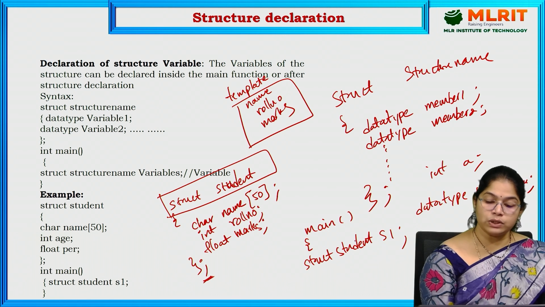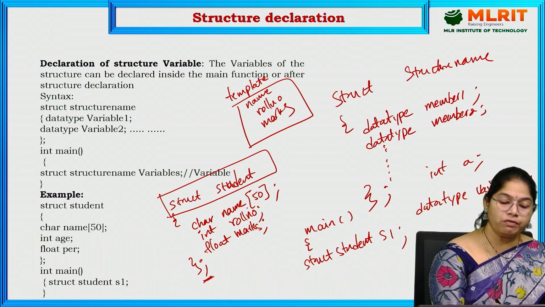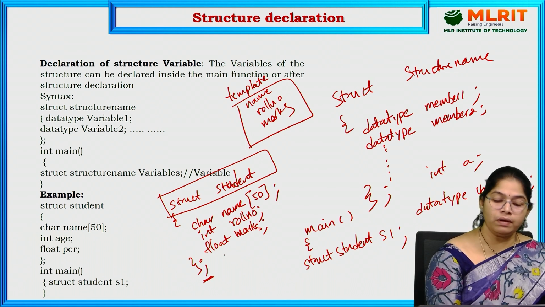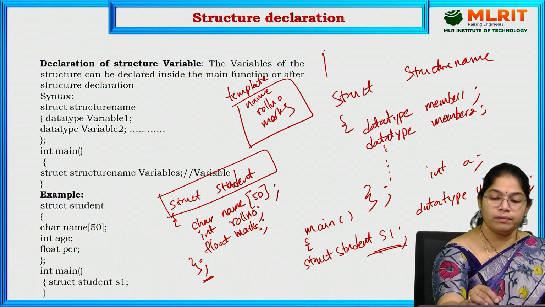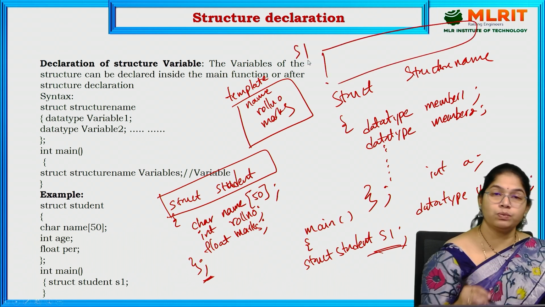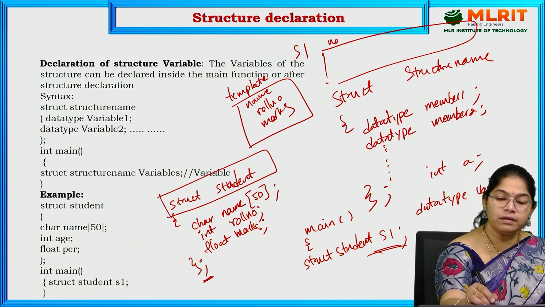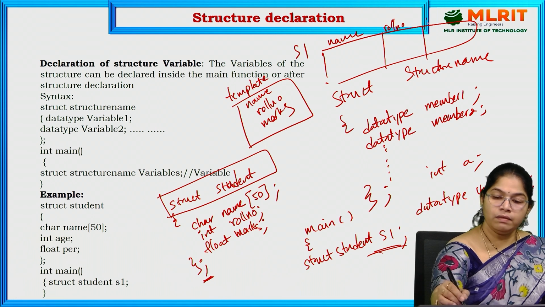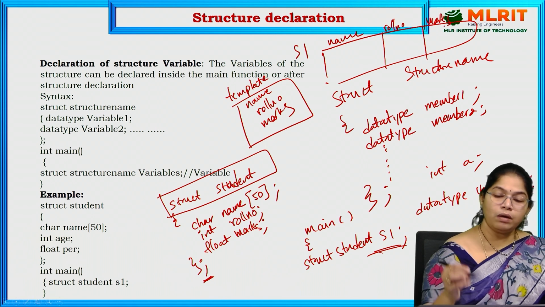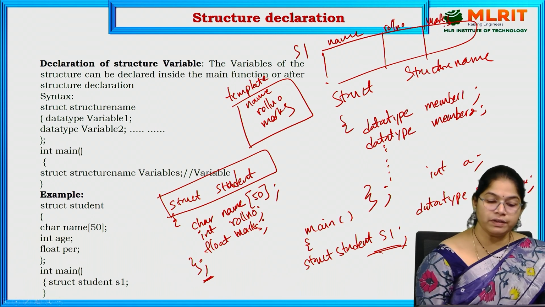Now this S1 has members: a name, roll number, and marks. Now the memory is allocated to S1. How much memory is allocated for this S1?